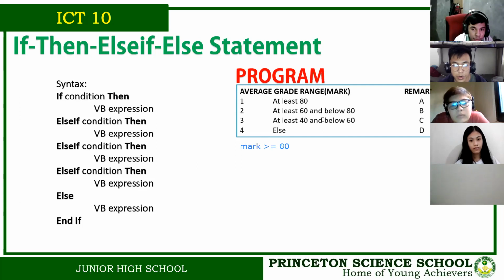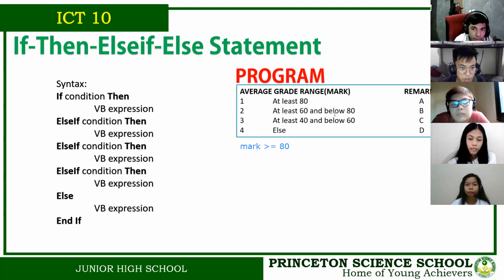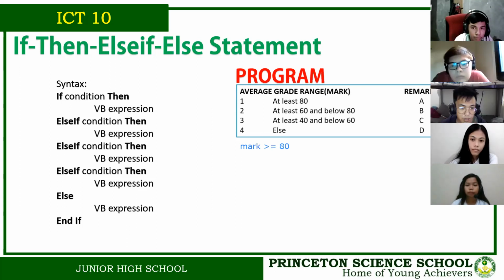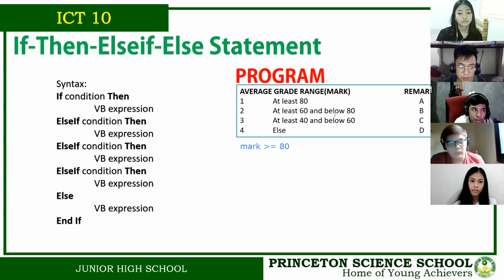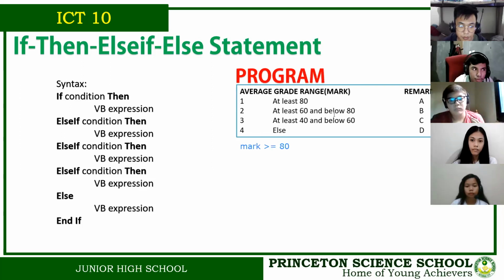Okay, so we're actually looking at two conditions. Yes, Jerome. Teacher, if mark is greater than or equal to 60 and less than 80, then the remarks will be B. Okay, so correct.